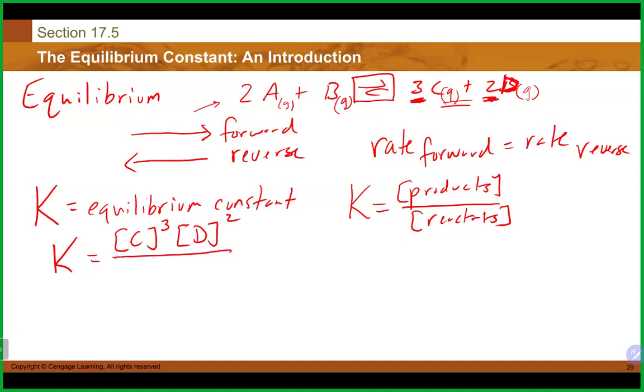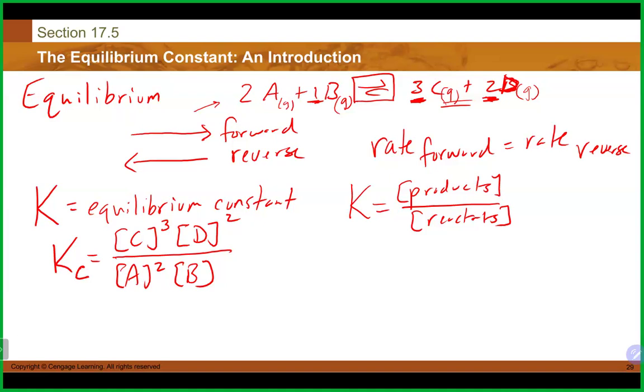That would be divided by A, which would be squared, and B, which will just be to the first power, as we don't have any coefficient there, which is a 1 basically. This, where we actually use concentrations in this equilibrium expression, is sometimes referred to as the Kc value, C for concentration, basically.